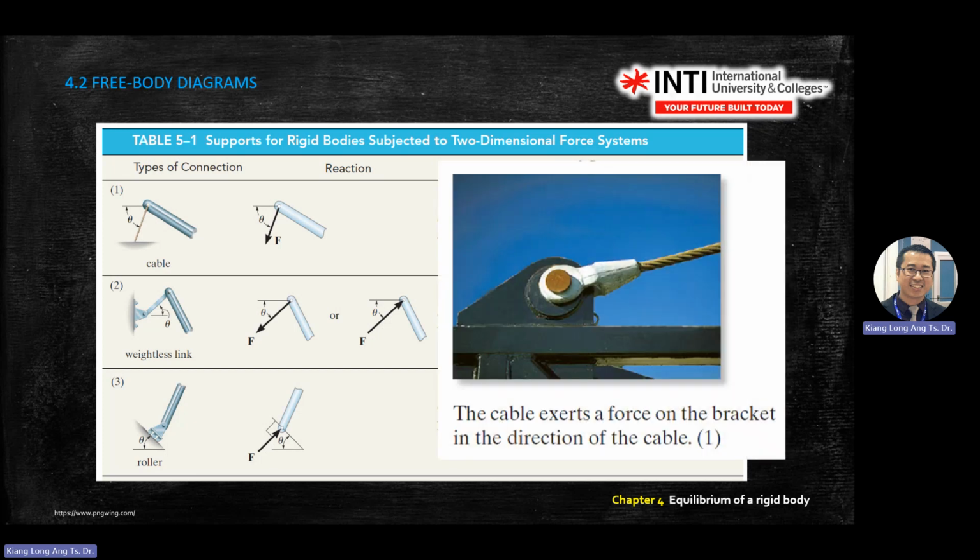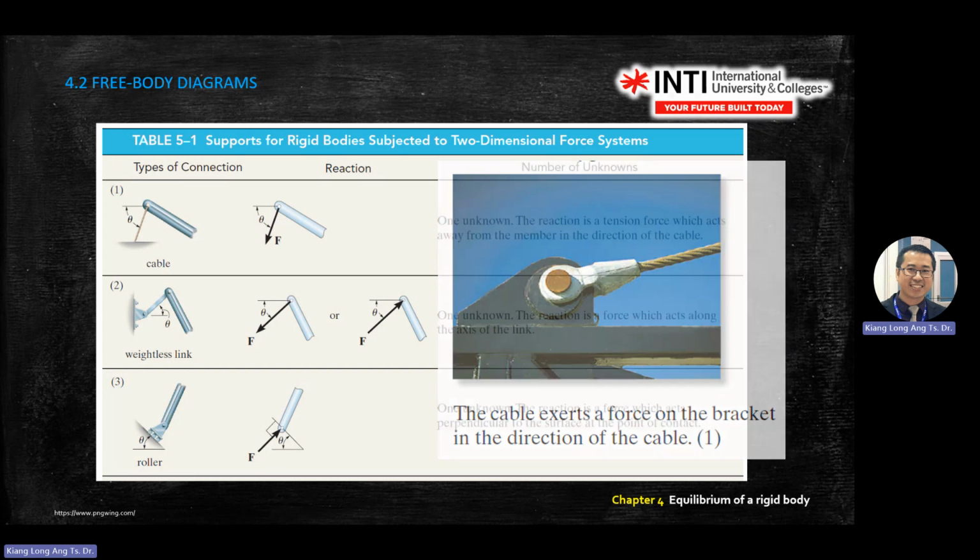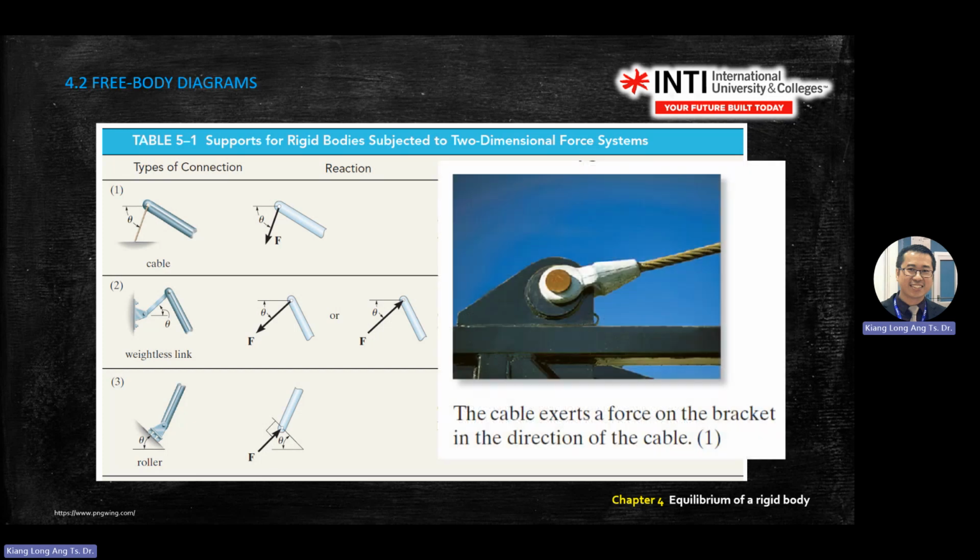For example, on a bridge, there's one cable here, so there's a force. You need to convert this into a free body diagram, with a force that follows the cable here. For a cable, your arrow always points out, not pressing. Pressing is when you have a spring.